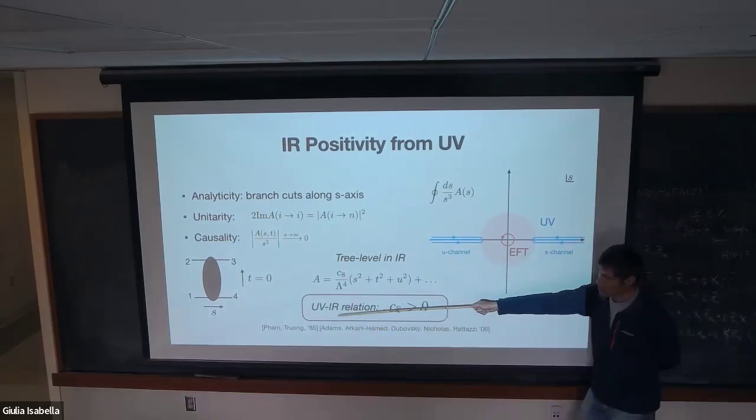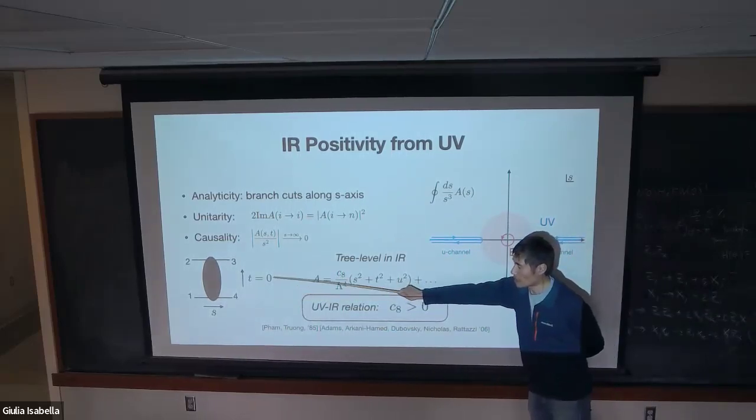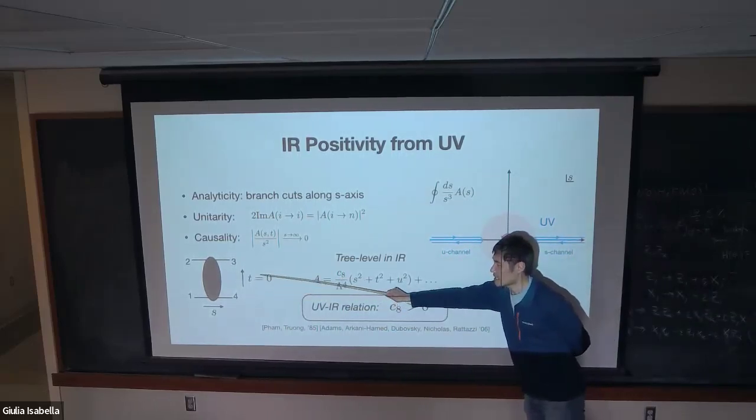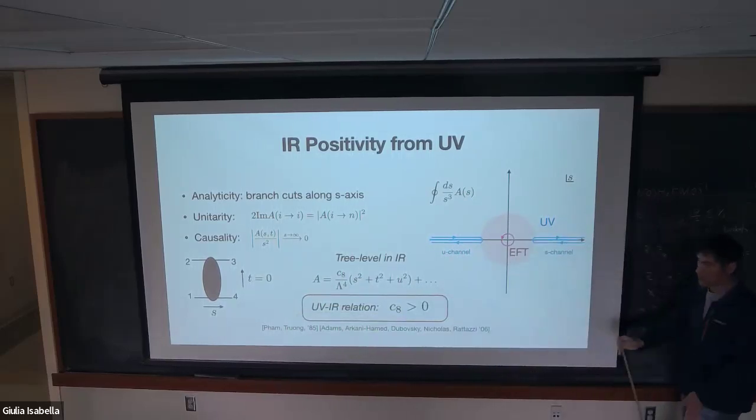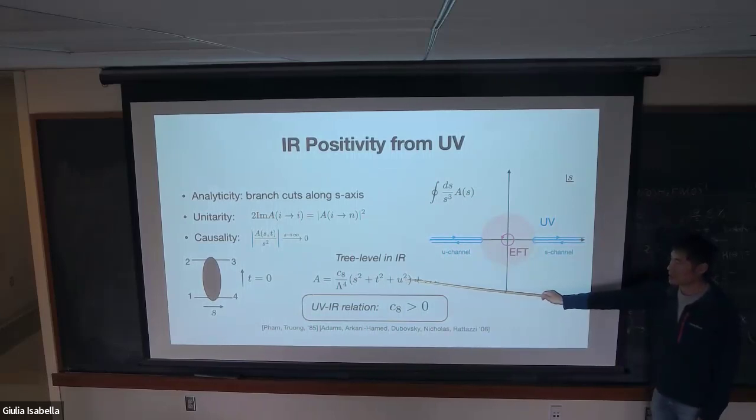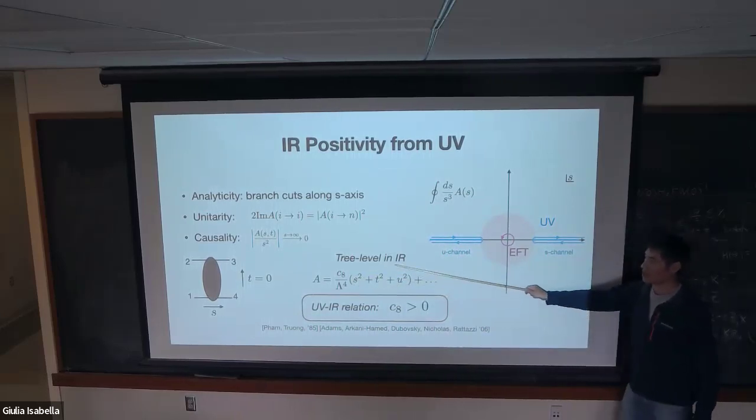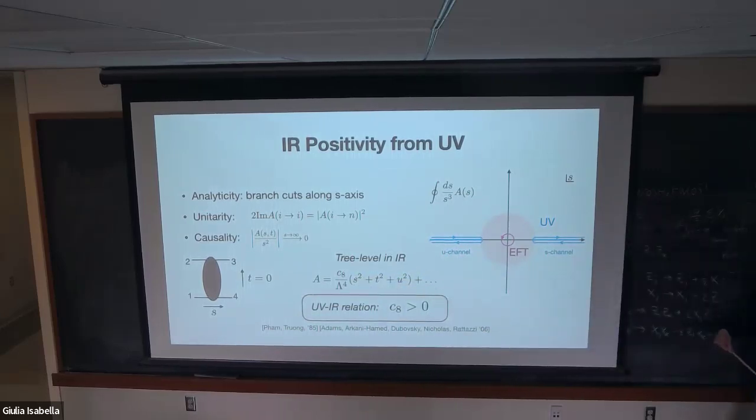And we consider a simple process, two-to-two scattering, where the Mandelstam variable t goes to 0. This is the so-called forward limit. So if you consider a simple shift-symmetric scalar theory, the leading interaction goes like (partial phi) to the 4th. So you have this 4-point amplitude in the IR.